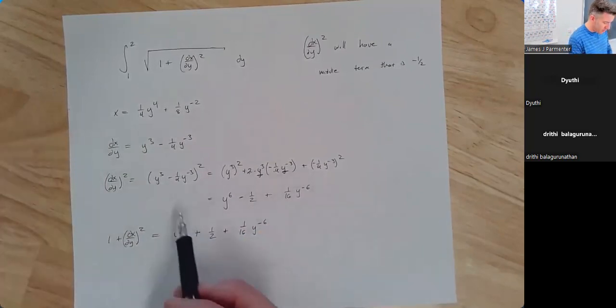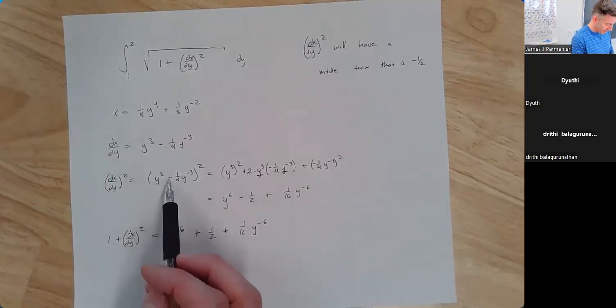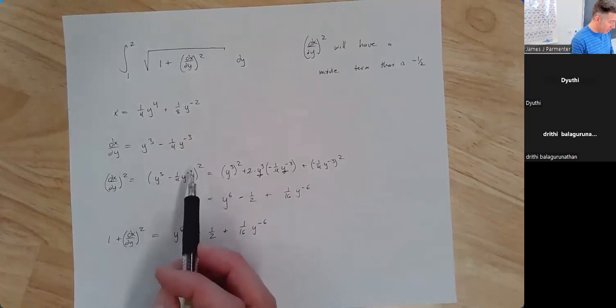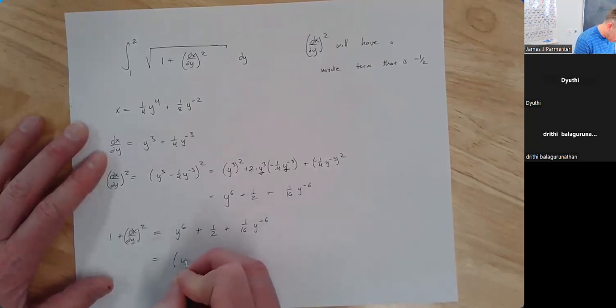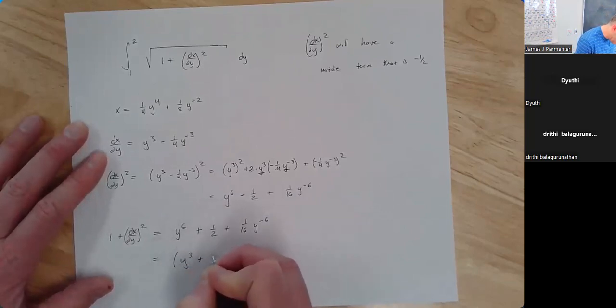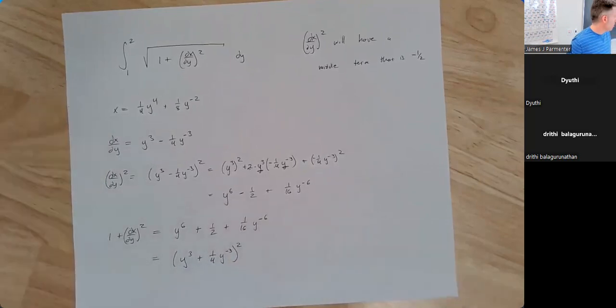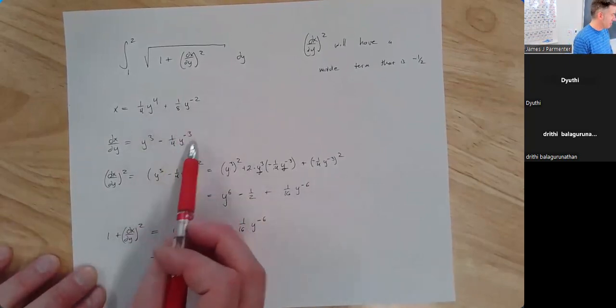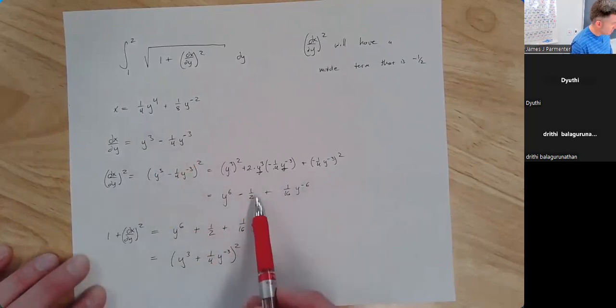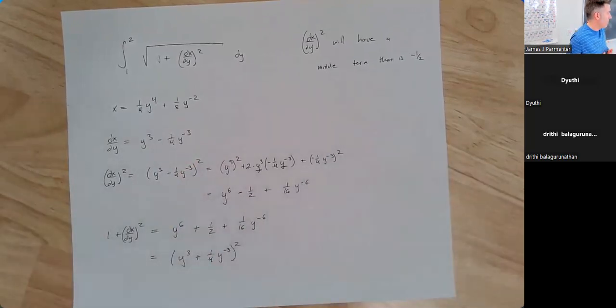And because we've already done the work of taking y cubed minus 1/4 y to the negative 3rd and squaring it out, it's not too hard to see that this has to be y cubed plus 1/4 y to the negative 3rd quantity squared. That's the magic. Whenever you have something that looks like this, you take the derivative, you see those powers look the same, and you square it out, and the middle term is negative 1/2, it factors back really nicely once you add the 1 to it.